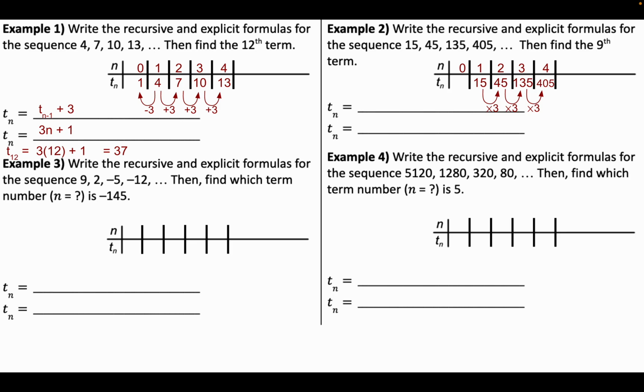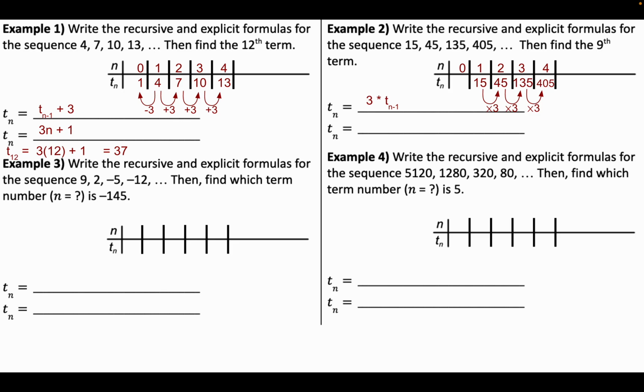Then we can write our recursive formula. We're just taking 3 times our previous term. That's what Tn minus 1 is. That will get us to the next term. So I knew that my second term was 45. 45 times 3 is 135. That's how the recursive formula works.